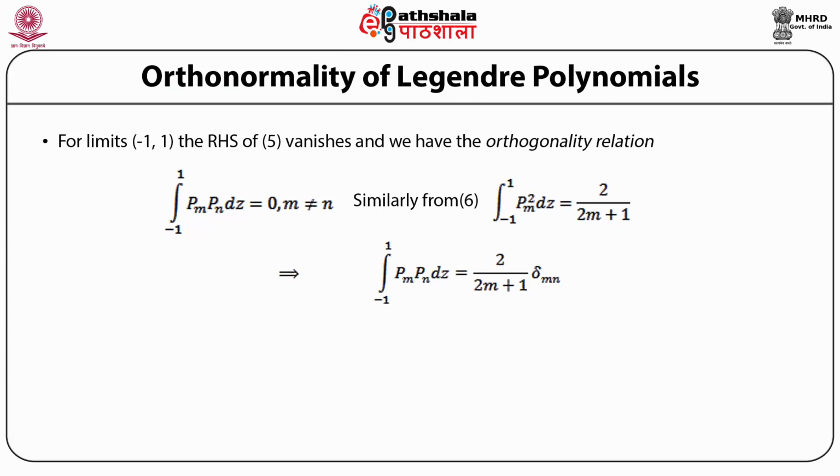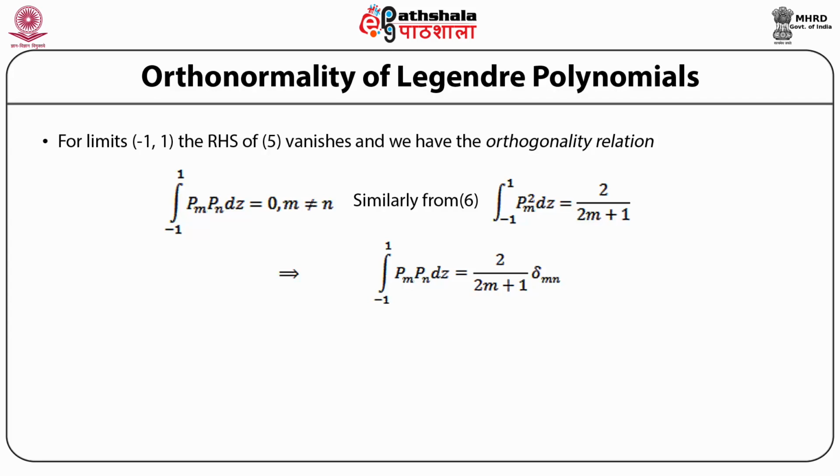Next, we proceed towards the orthonormality of Legendre polynomials. The results 5 and 6 that we have derived are general. They apply to any limits z1, z2. In particular, let the limits be minus 1 and 1. Since Pn of 1 is equal to 1 and Pn of minus 1 is equal to minus 1 raised to power n, the quantity on the right hand side of equation 5 is 0.